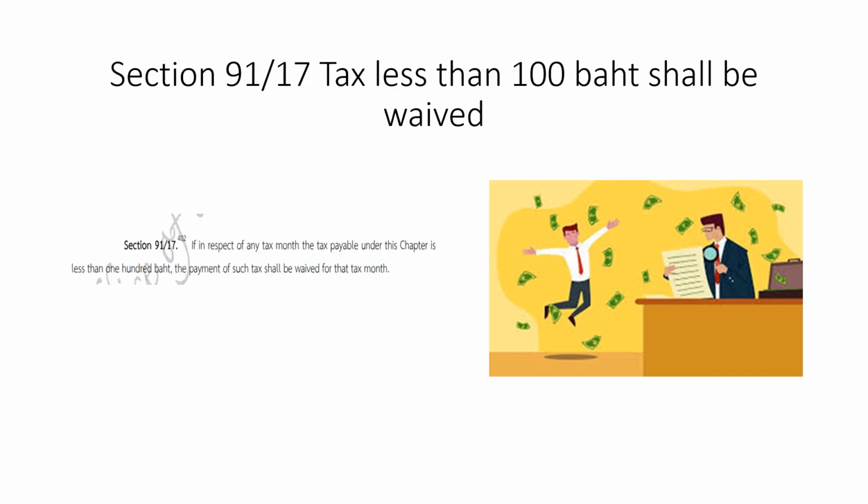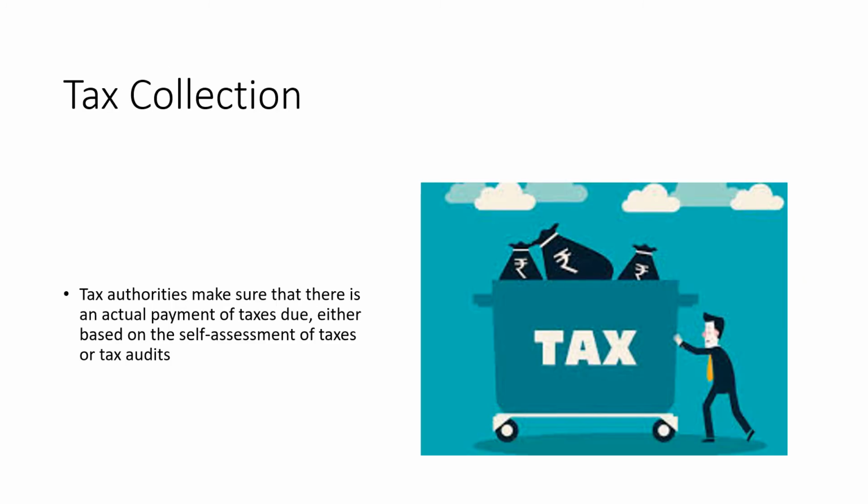And Section 91/17 is about the waiver. In case the tax payable for any tax month is less than 100 baht, the law says that the payment of such tax shall be waived for that tax month, but it should be increased in the future.